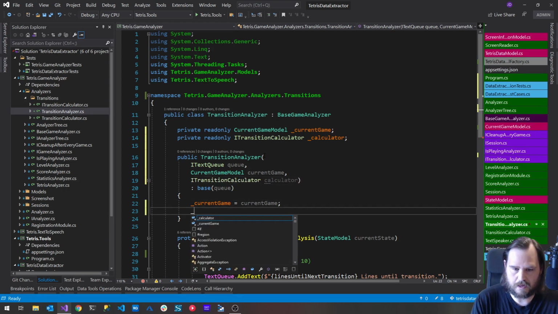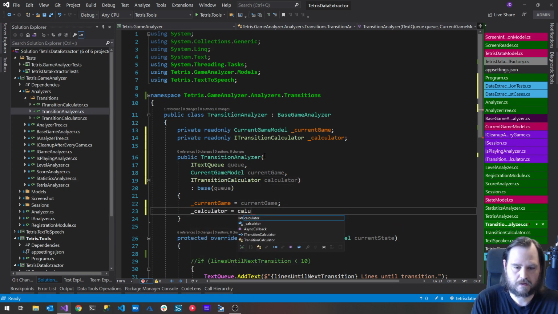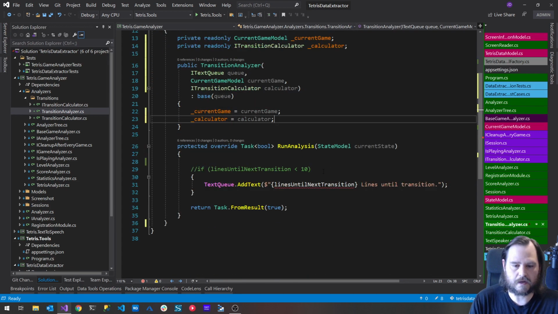And this will allow us to just use the output of the calculator in our analyzer.